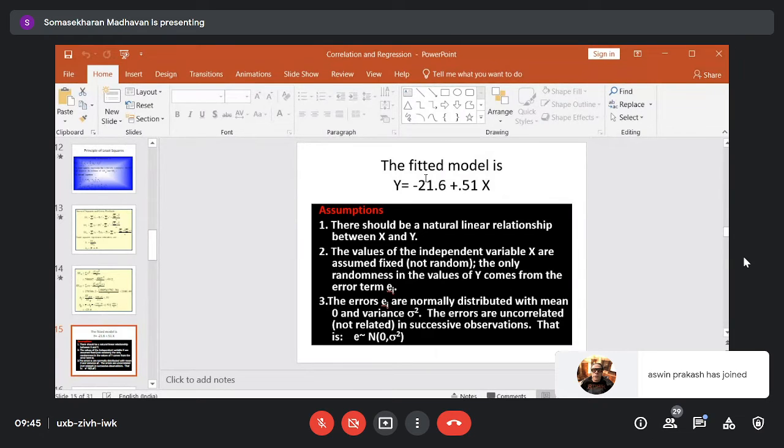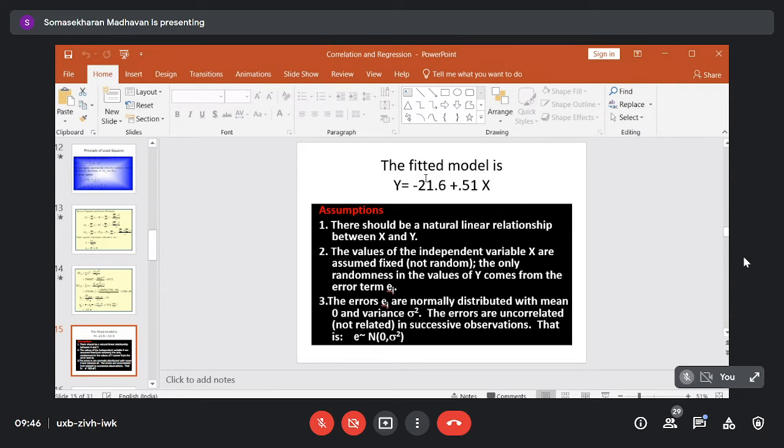Then, in order to construct a regression model, there are certain data assumptions and relationship assumptions. The assumptions are, there should be a natural linear relation between x and y, because a model cannot say that the variables are related.